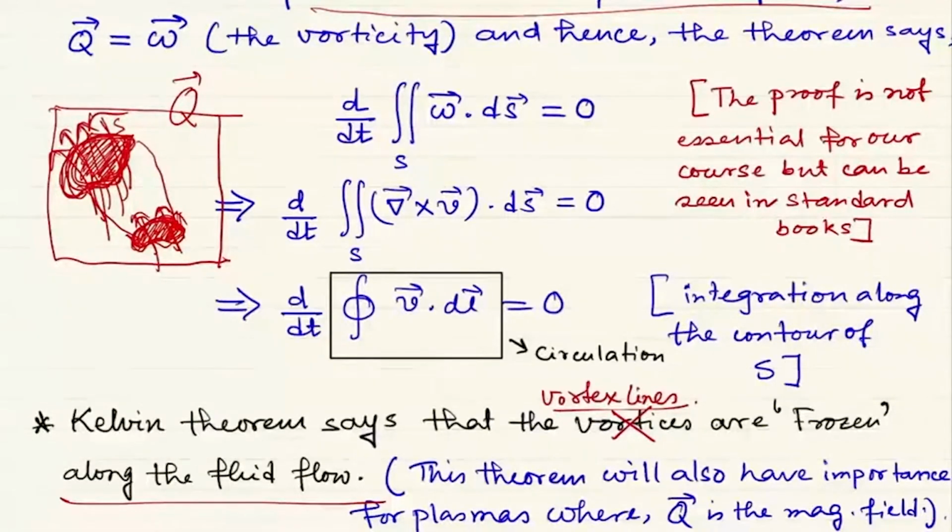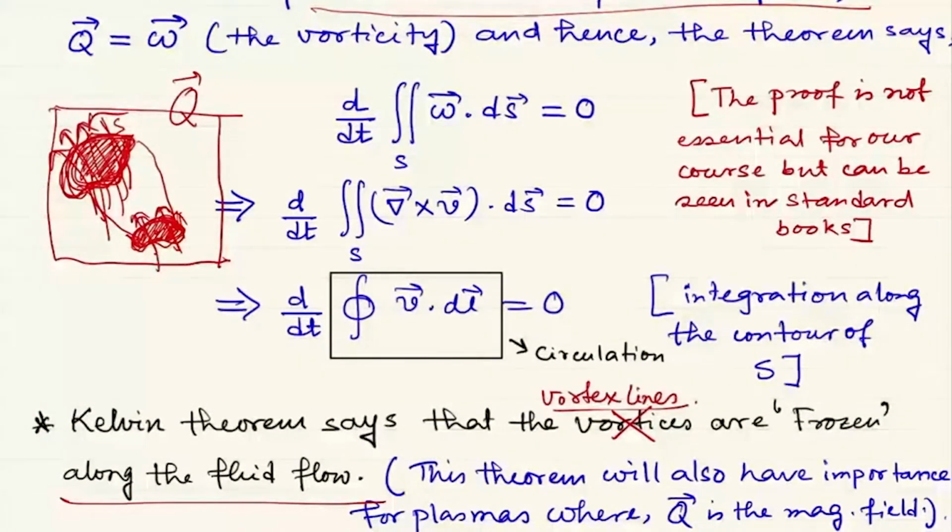And that's why you can say that this is the flux of vortex. And so if that does not change, it simply says that whenever the fluid is flowing, the vortex lines are moving so that they are stuck to the fluid flow, or they are frozen in the fluid flow.